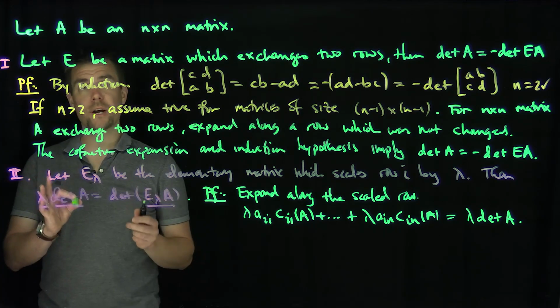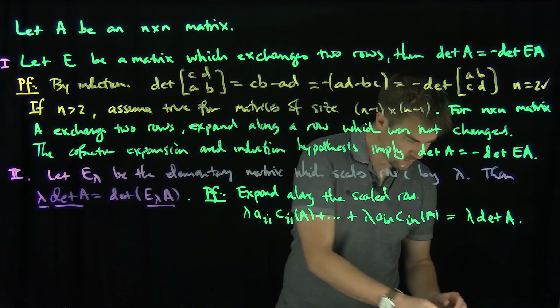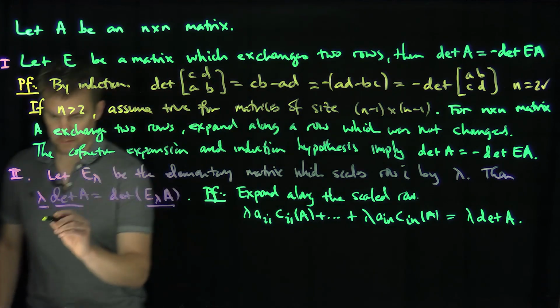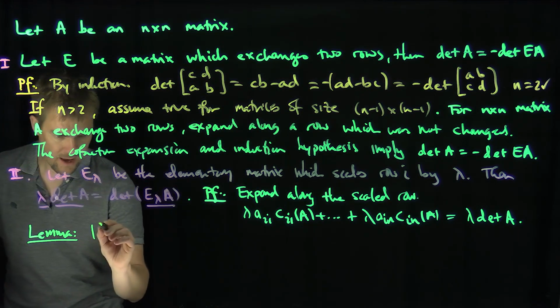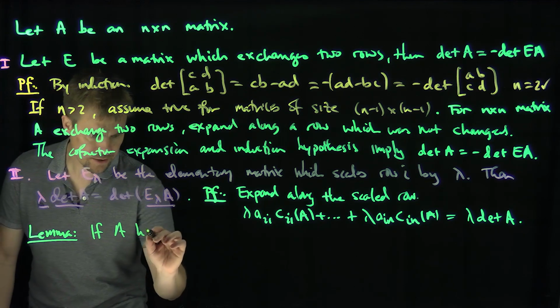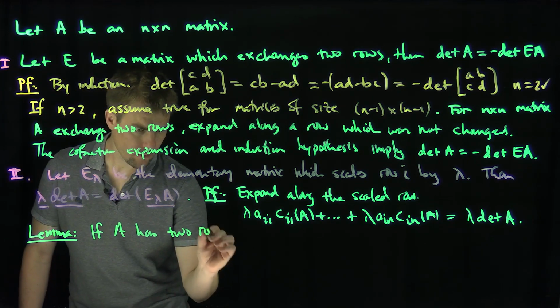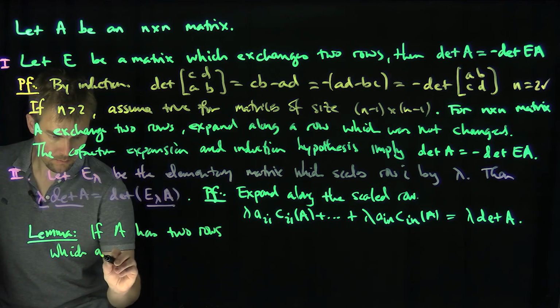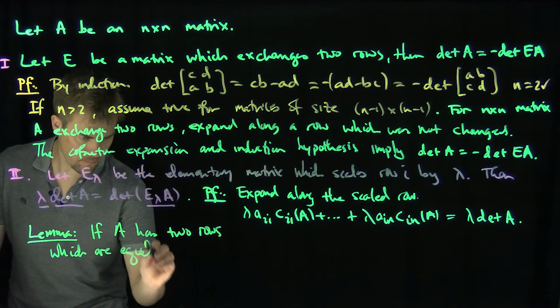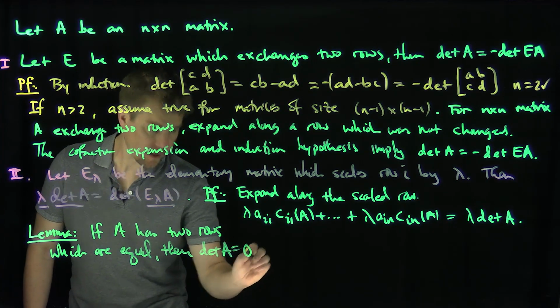Now the final row operation needs a little lemma. So here's a lemma. If A has two rows which are equal, then the determinant of A is equal to 0.